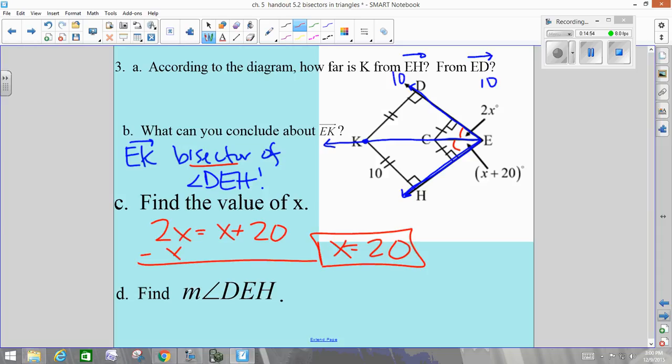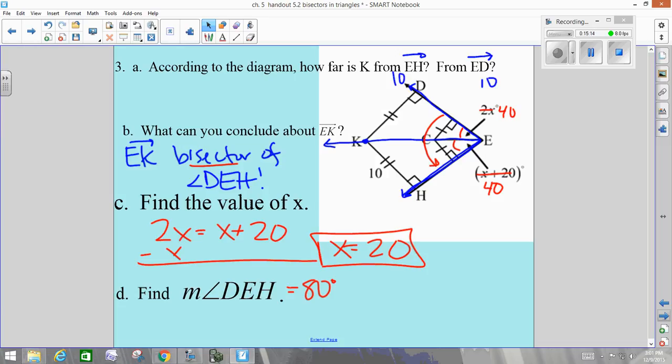True. Okay. If x is 20, then 20 plus 20 is 40, and 2 times 20 is 40. And angle DEH, that's the entire angle that's getting bisected. So yes, this should be 80.